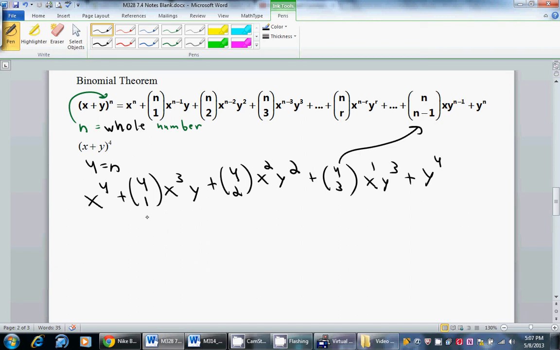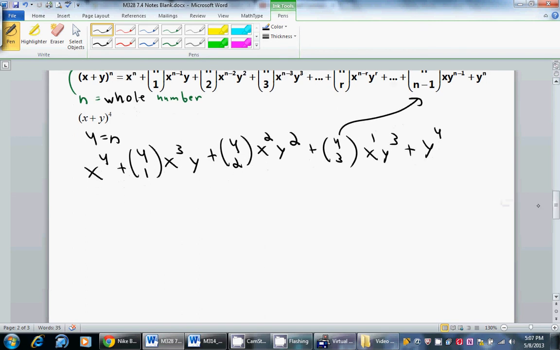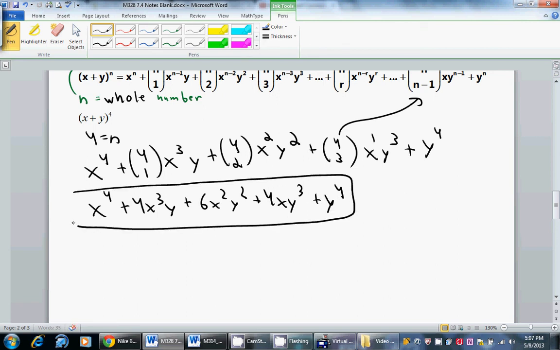Now, the binomial coefficient of 4 and 1, 4 and 2, 4 and 3, we've already done these. We did this expansion earlier, so we know this is going to come out to be x to the 4th plus 4x cubed y plus 6x squared y squared plus 4xy cubed plus y to the 4th.